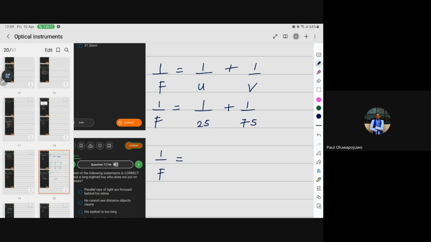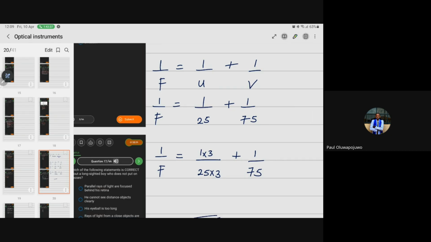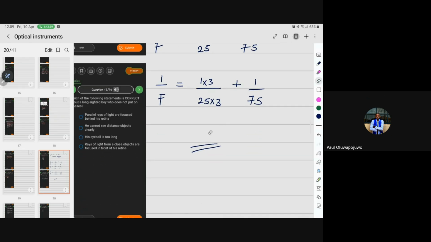Can you add? f will be 18.75, right? Let me apply equivalent fractions. So I have 1 times 3, 25 times 3 plus, let me solve it to the end so that she'll get to understand better. So we now have 1/f.